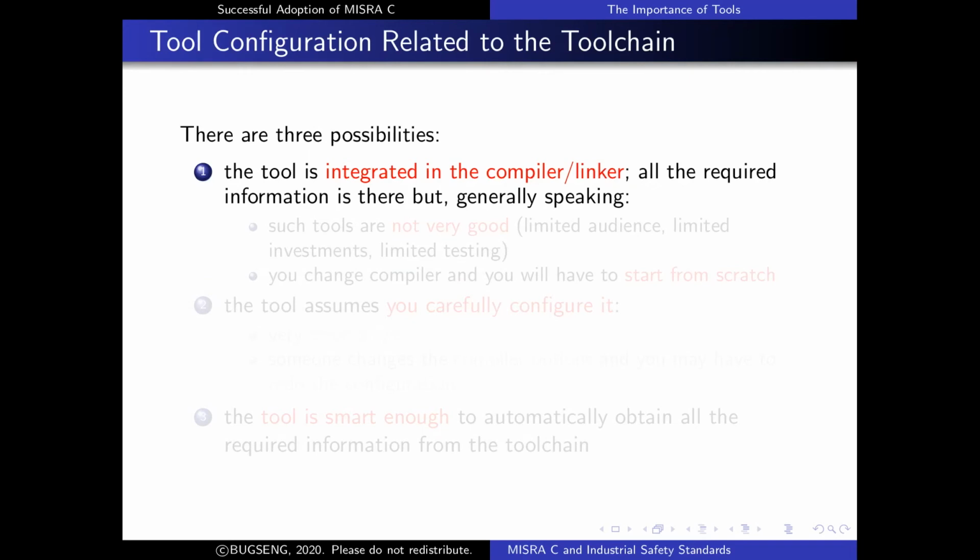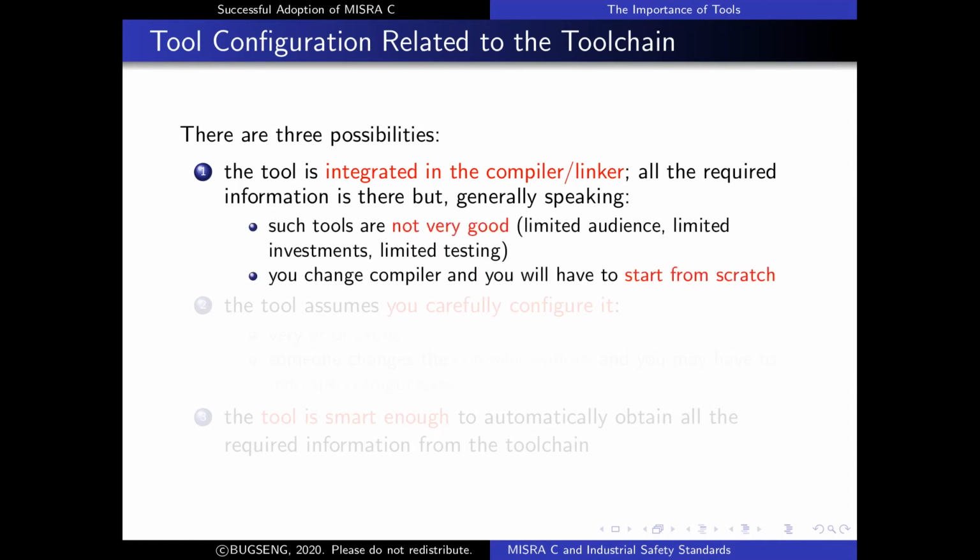Configuring the tool in a way related to the toolchain is an important issue. In theory, there are three possibilities. The first possibility is that the tool is integrated in the compiler and the linker. In principle, this is interesting because certainly the compiler has all the required information. However, if you look at compilers that have a MISRA checking capability, you will see that they are not very good. Actually, they are very bad. There are several reasons, part of which are economic.